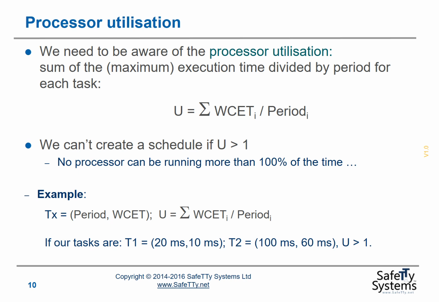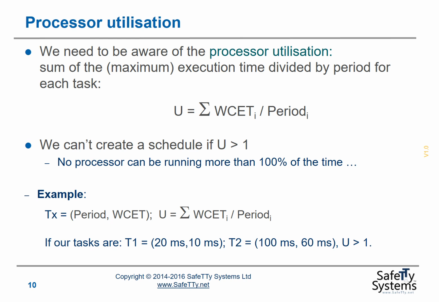So an example, if we represent our task by period and worst case execution time in this form, if we have tasks which have a period of 20 and a worst case execution time of 10, and a second task that has a period of 100 and a worst case execution time of 60, the utilization is greater than 1, and we couldn't schedule this task set.